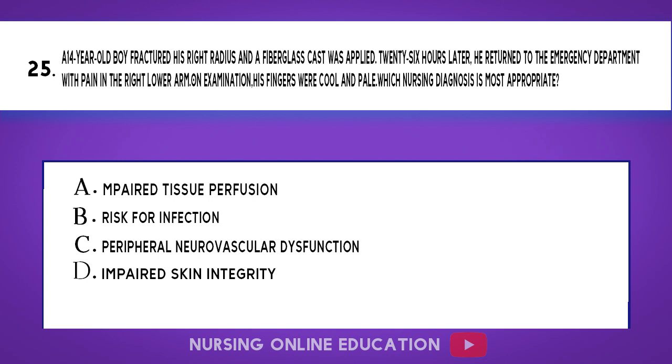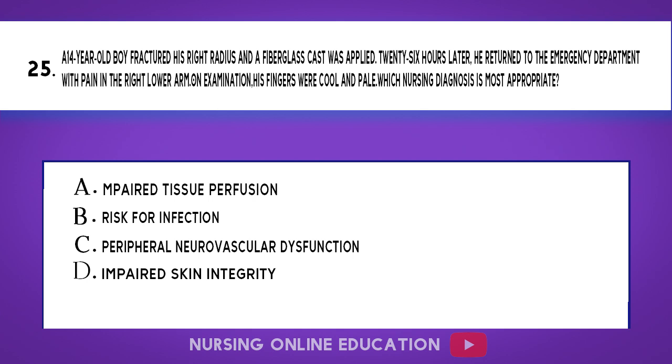25. A 14-year-old boy fractured his right radius and a fiberglass cast was applied. 26 hours later, he returned to the emergency department with pain in the right lower arm. On examination, his fingers were cool and pale. Which nursing diagnosis is most appropriate?